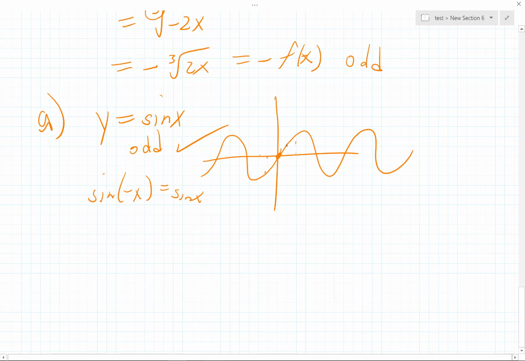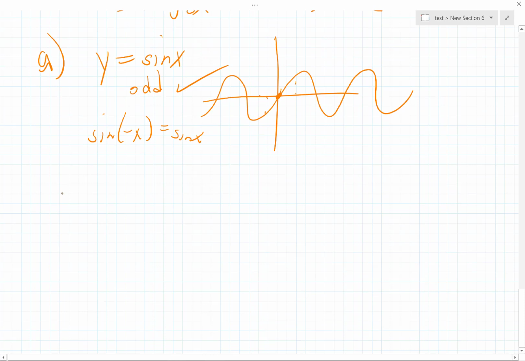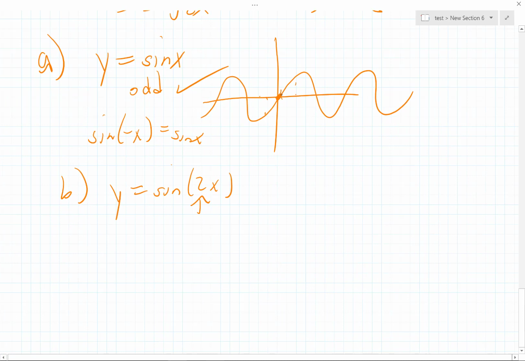So A is definitely odd. And then for B, when you see y equals the sine of 2x, you know that the 2 is just doing a horizontal shrink. So it's just getting a little bit shrunk, but it still is going to maintain that symmetry. Translations mess it up, but shrinks and stretches are fine. So this guy is still odd, and that's okay. Cool.